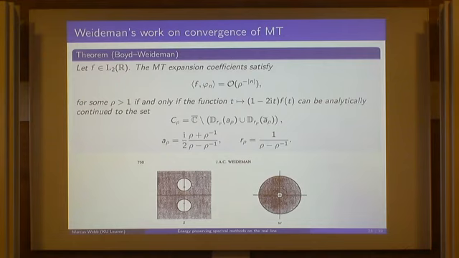The coefficients of a Malmquist-Takenaka expansion are exponentially decaying, which is the ideal situation, if and only if this mild modification can be analytically continued to the complement of 2 disks. So this disk with radius r rho here and center a rho. It's essentially this shaded region here. This is taken from Edelman's paper.